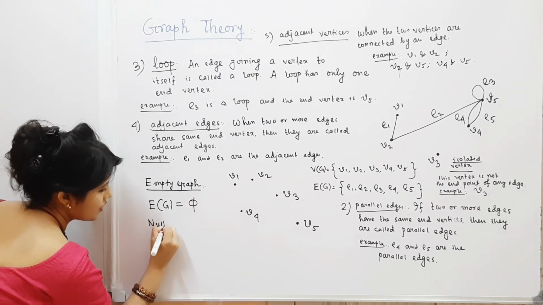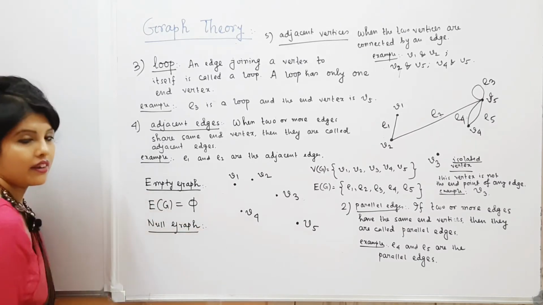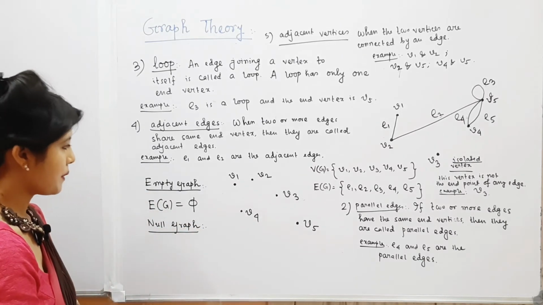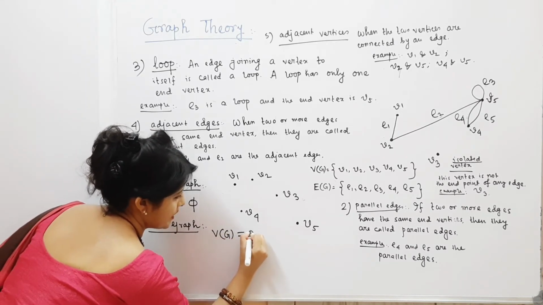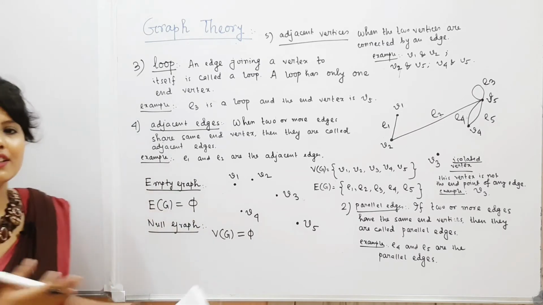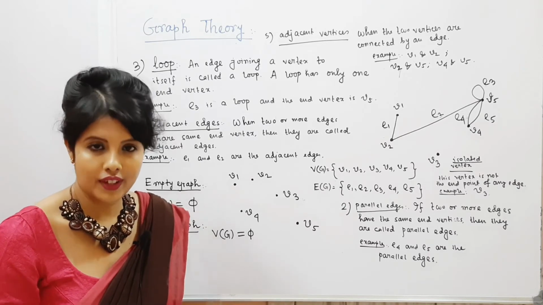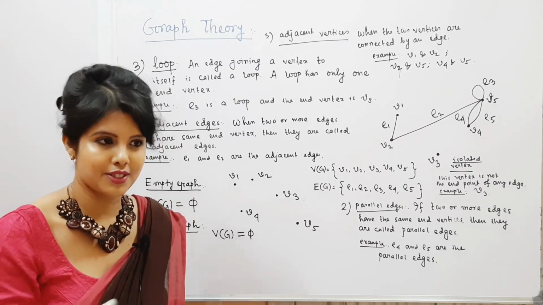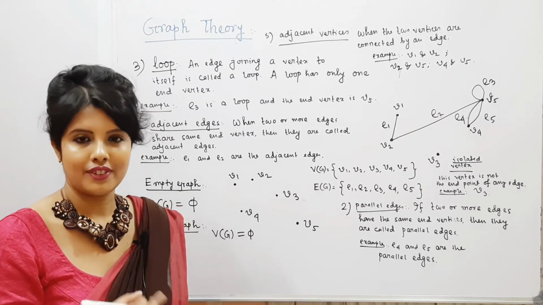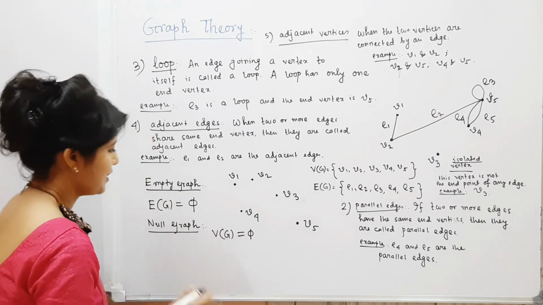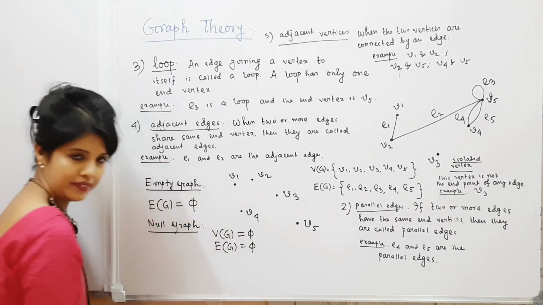Similarly, there is also a special type of graph, and this is called a null graph. So what is a null graph? If the set of vertices is empty, so there are no vertices, then it is obvious that there should be no edges. If there are no vertices, there is no option of existing edges.